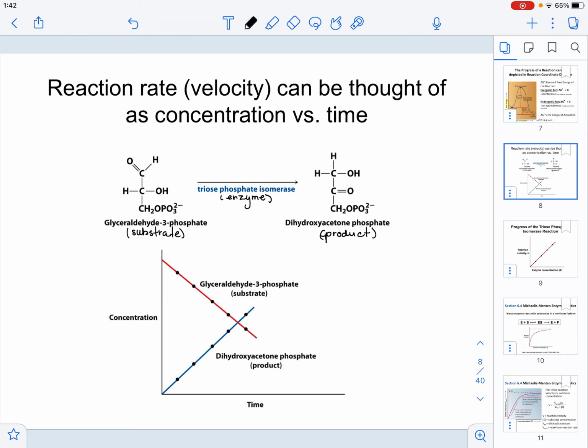Now, if we look overall at what happens throughout time to the concentrations of our substrate versus product, it makes sense that over time we're going to see a decrease in the amount of substrate and an increase in the amount of products, because overall in the reaction we are going to be converting from substrate or reactant to the product.